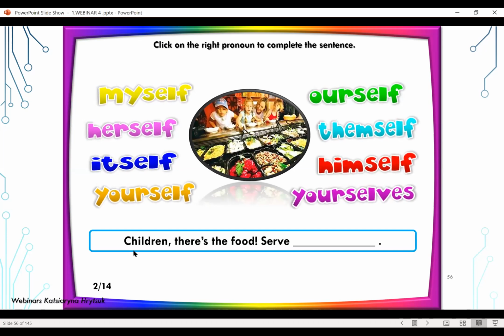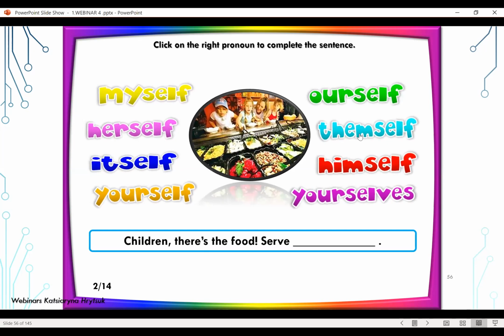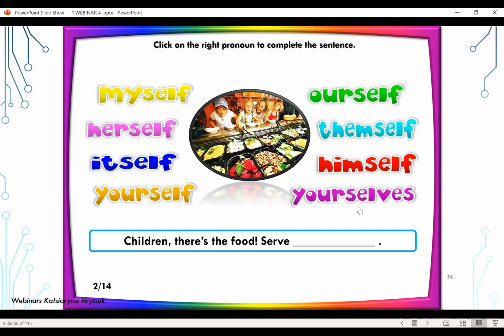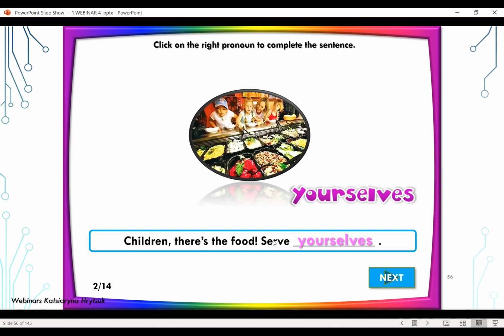So children, they... themselves. Yeah, but you say it to someone. You serve, because you tell them, children, you serve the food. Themselves? No. Yourselves. Yes, yourselves, because you say you for children: yourselves. Okay, Zhenya?